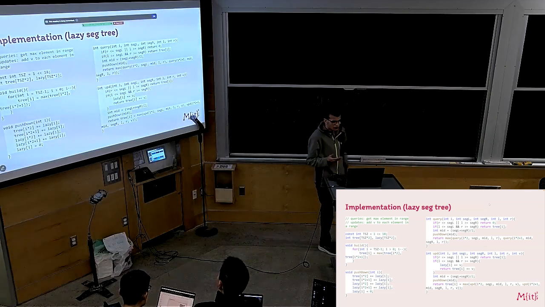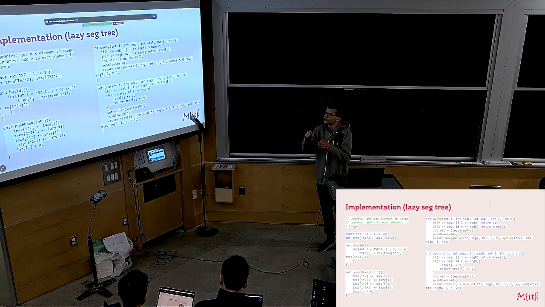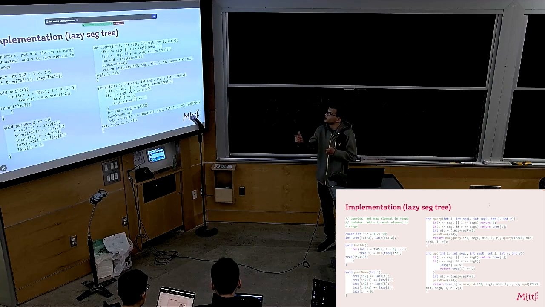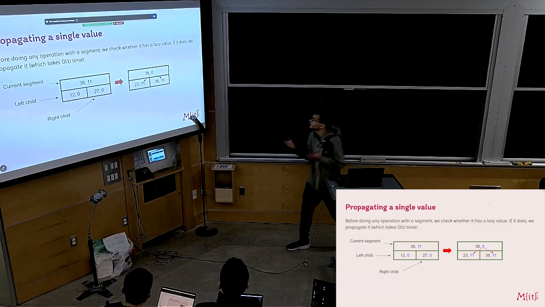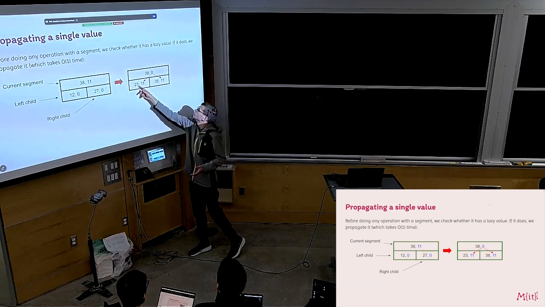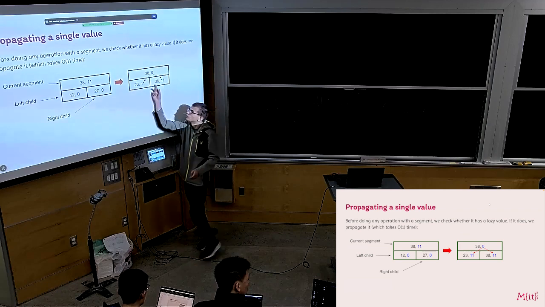Because for the specific operations I'm doing right now, which is the updates are adding v to every element in the range and the queries are getting the max in a range, that is what you have to do as I explained. You just increase all 4 of these values by 11, or whatever used to be stored here.